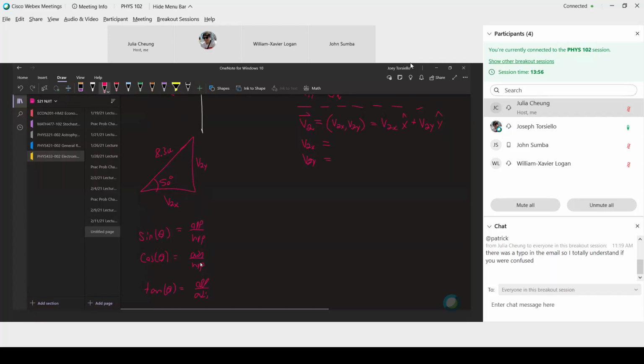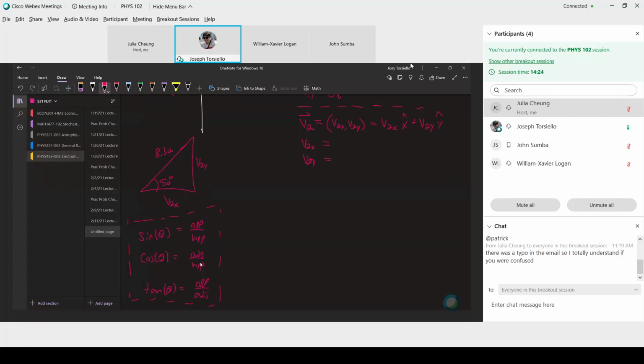The way you figure out which trigonometric identity to use to find the component is by knowing what you want. Let's say we want to find v2x, and gauging the information that we already have, you would see that v2x is in the adjacent direction.